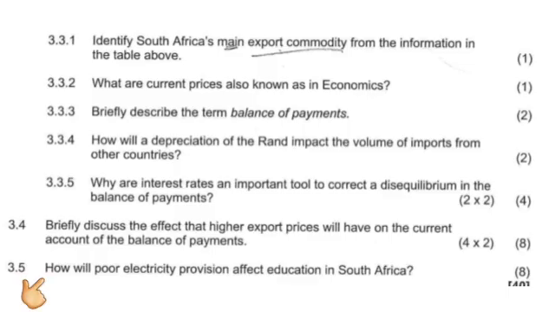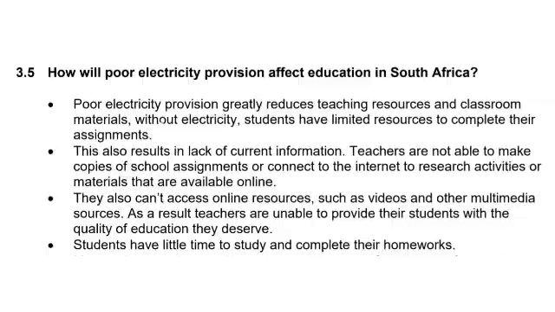Then in 3.5, it says, how will poor electricity provision affect education in South Africa? So this one is taking us back to that cartoon of a business cycle that we saw earlier about load shedding and what effect that will have on the education of South Africa.